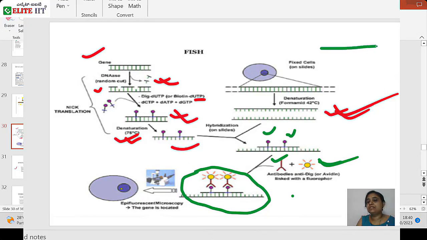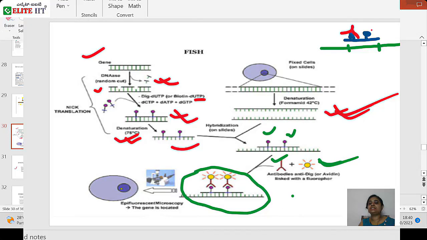Actually, I'm writing here one DNA. Consider this is the sequence you want to identify in the chromosome. Against that sequence, you have already added one probe. Hybridization will happen, and with the probe there is one biotin compound, actually two biotin present, and against biotin you have to add avidin or an antibody.